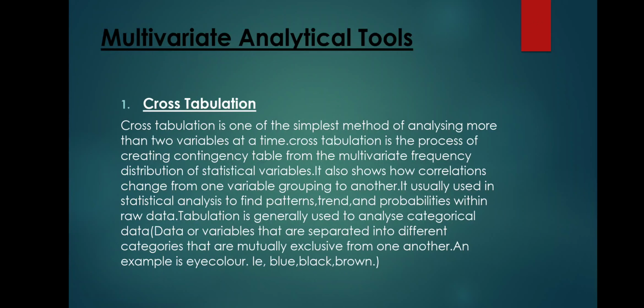It also shows how correlations change from one variable grouping to another. It is usually used in statistical analysis to find patterns, trends, and probabilities within raw data. Cross tabulation is generally used to analyze categorical data, meaning data or variables that are separated into different categories that are mutually exclusive from one another.